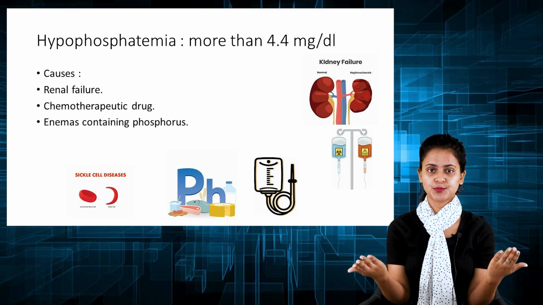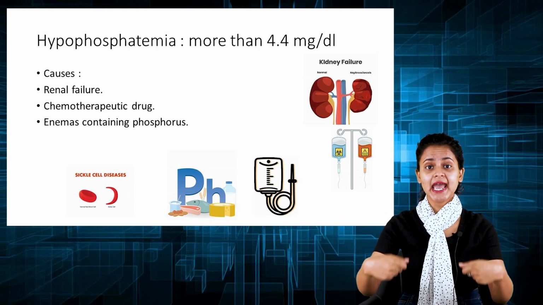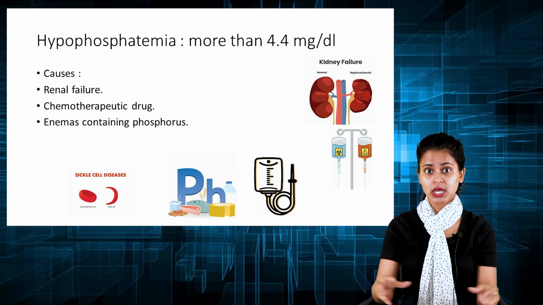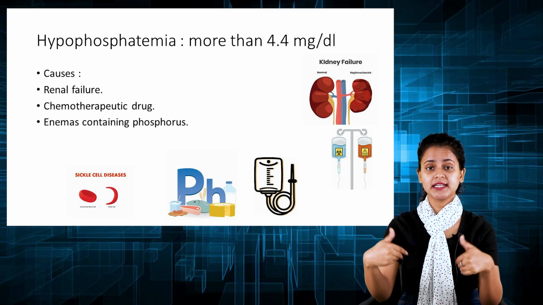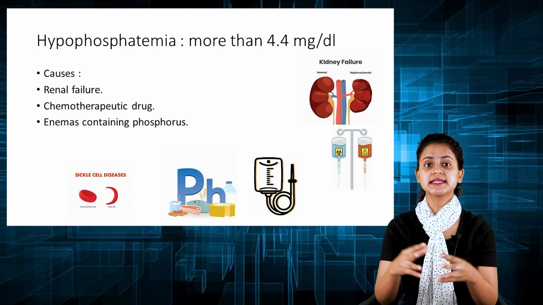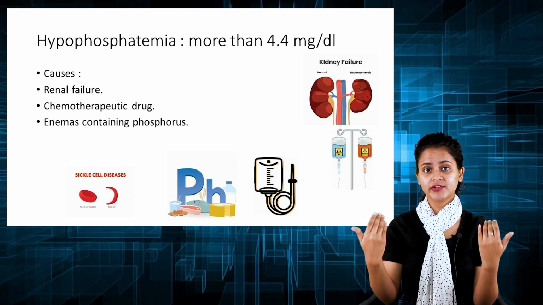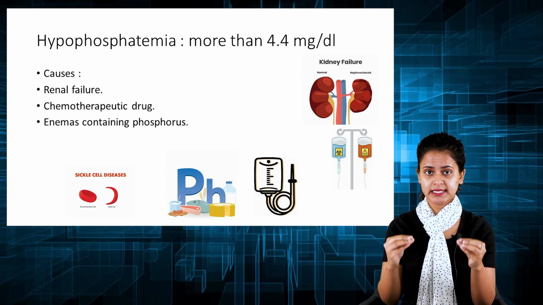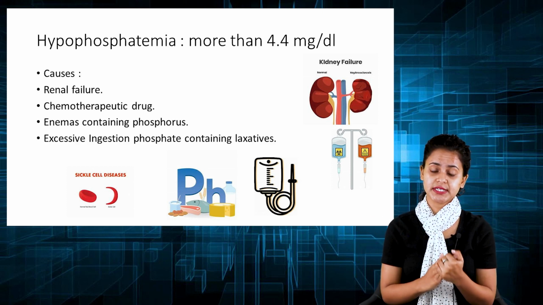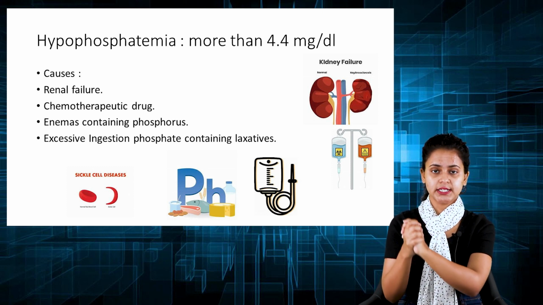So in a therapeutic procedure, if we are administering an enema for our client, and the enema contains phosphorus in a maximum amount, we are going to see our client will have a high risk for increased phosphate level in their body. The next condition is excessive ingestion of phosphate containing food.